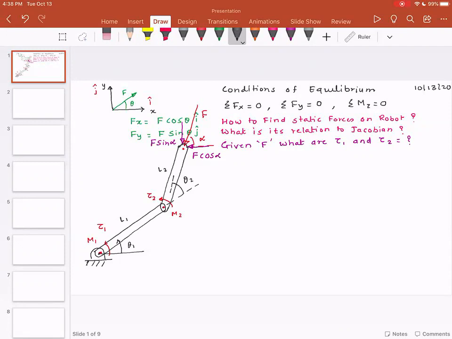So now, to solve this problem, I will have to separate out these links and draw the free body diagram. And please understand, this problem is super important because in this particular case, we are assuming that the robot is stationary.